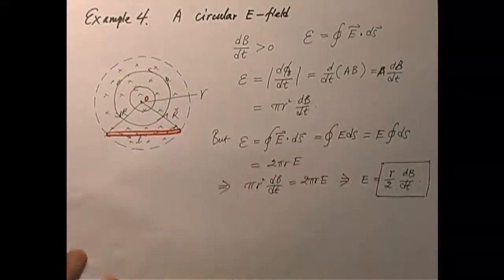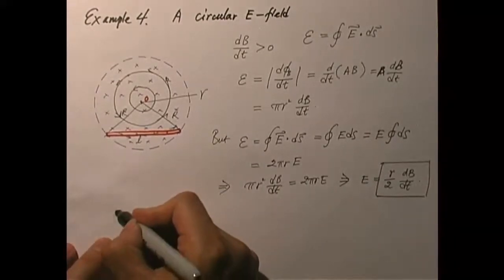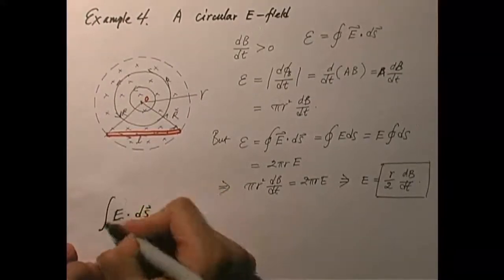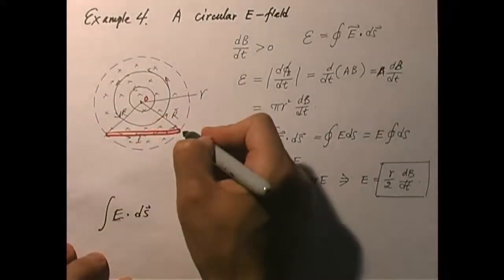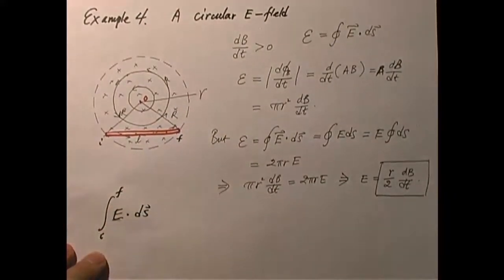So if you do this integral of E dot ds from the left end of the bar to the right end of the bar, from initial to final, you will get a potential difference.